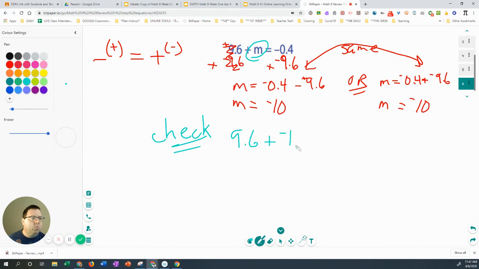Because our solution told us this, the negative 10 will replace the m. So we have 9.6 plus negative 10 is equal to negative 0.4. Is that true? Yes, it is. If you have 9.6, take away 10, you're going to have negative 0.4. That's equal to negative 0.4.